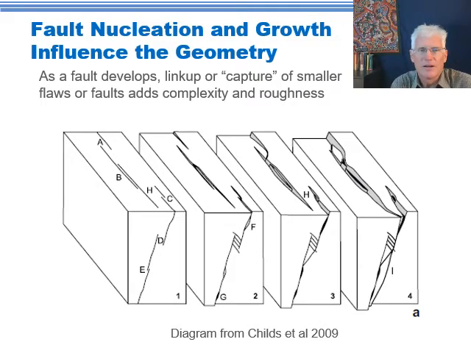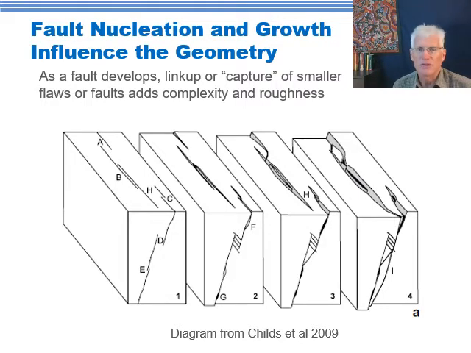So the idea here is that as a fault develops, linkup or capture of smaller faults or flaws adds complexity and roughness. So the diagram shows maybe some fractures, small faults, and as they link up, you get things happening like relay ramps, and other complexities that as the fault grows and becomes more mature, you end up with in the plan view some roughness or irregularities, and then in the dip view along strike you get a smoother situation.